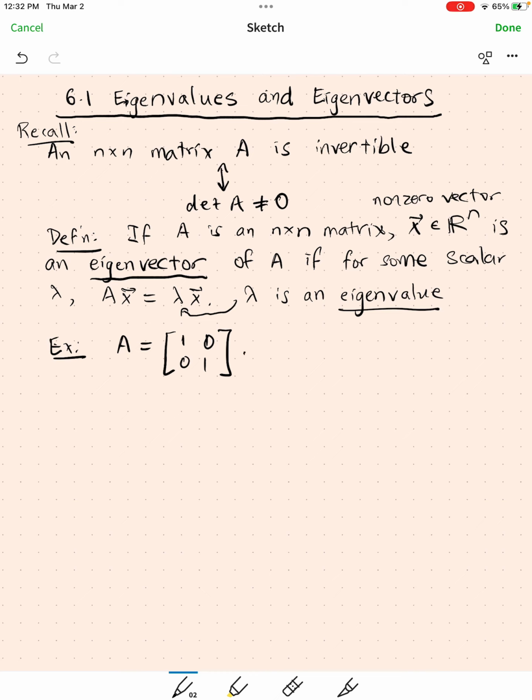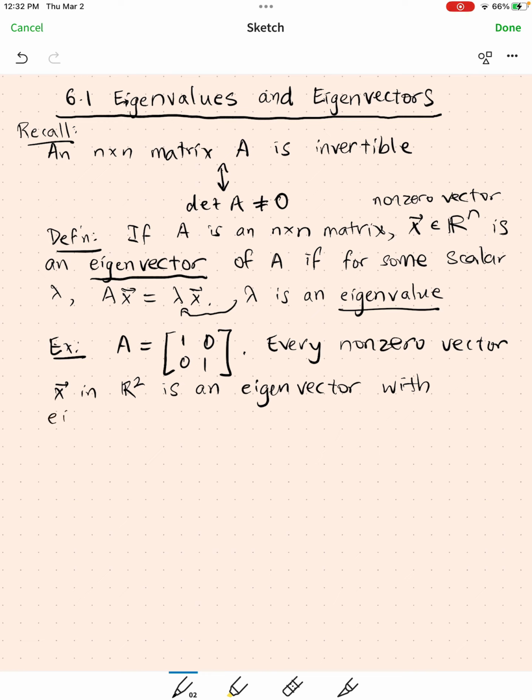I think every non-zero vector x in R2 is an eigenvector, because A times x is going to equal x. So my lambda is going to be 1, with eigenvalue 1.